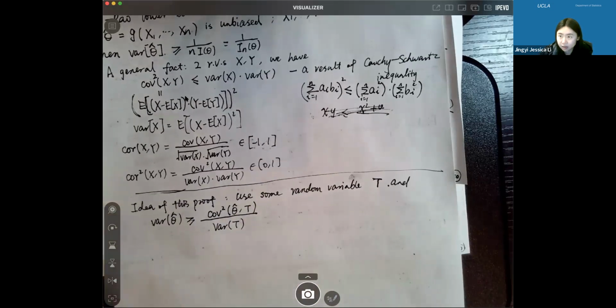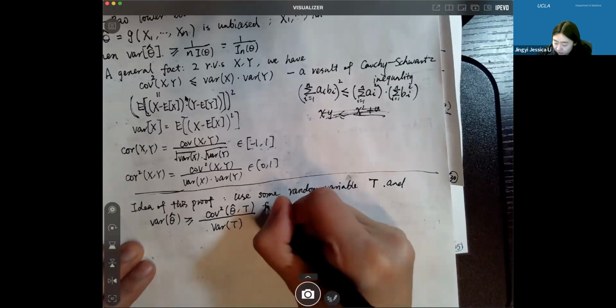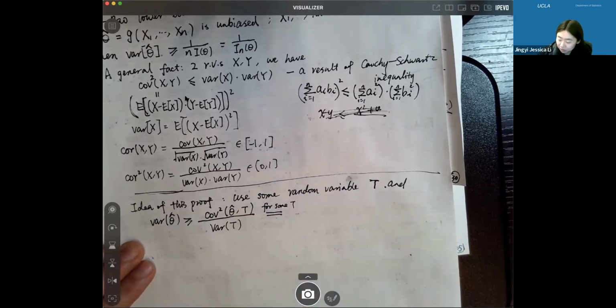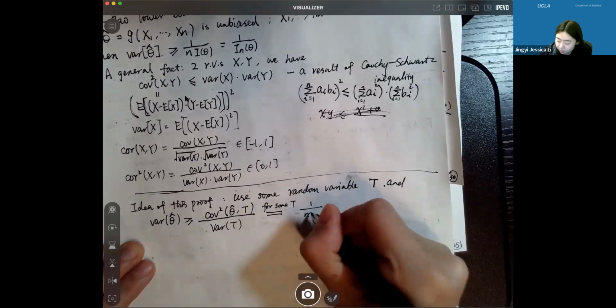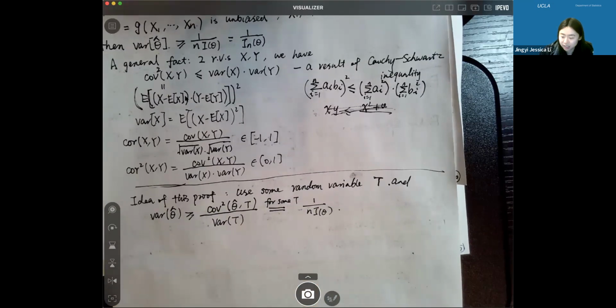Okay, this is our idea. And we're going to show that for some t, this lower bound is equal to 1 over n times Fisher information. That's the idea. So the key is to find that t construction so that this general result gives us the Cramer-Rao lower bound. And you can see that this construction of the t is, I would say, very interesting, right? It's where the magic lies.